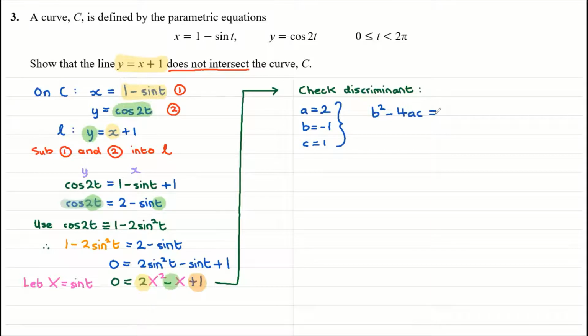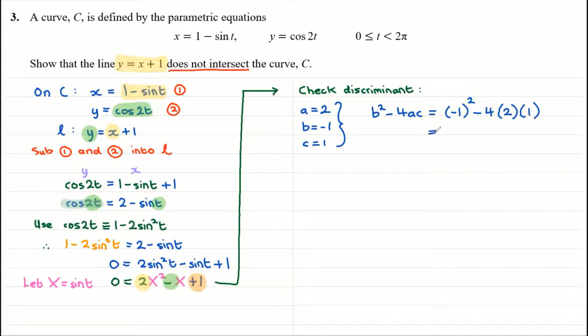So we're going to have 2 all squared. No, that's wrong. Try that again. -1. I put the brackets around it as well, and I put the wrong number in. B squared. Okay, minus 4 lots of A, which is 2, and C, which is 1. So let's see what this value is.